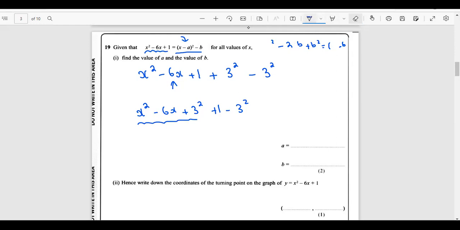So this is a squared minus 2ab plus b squared, and it would be a minus b whole squared. Similarly, we have x squared minus 6x plus 3 squared. So I can write it down as x minus 3 squared, and then plus 1 minus 9 would give me minus 8. So this is a and this is b. So a is 3 and b is 8.